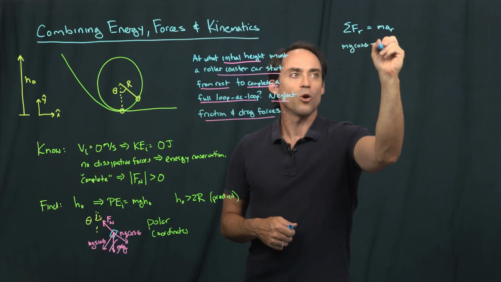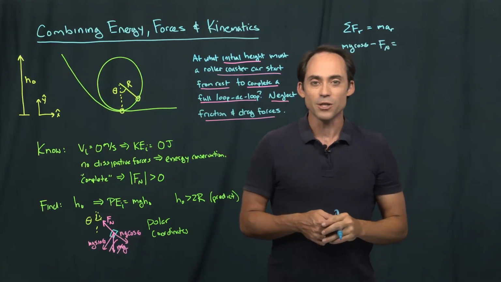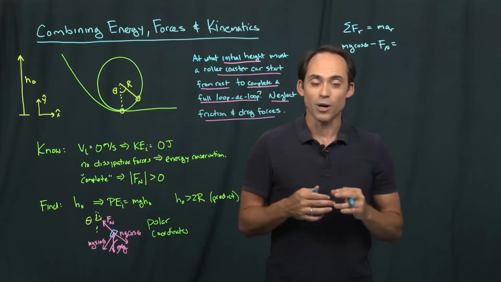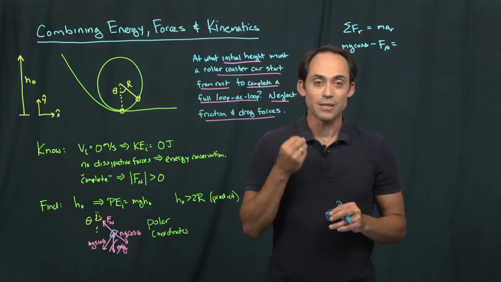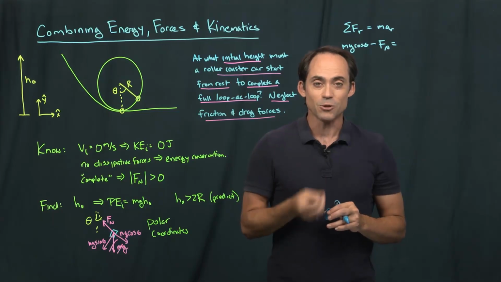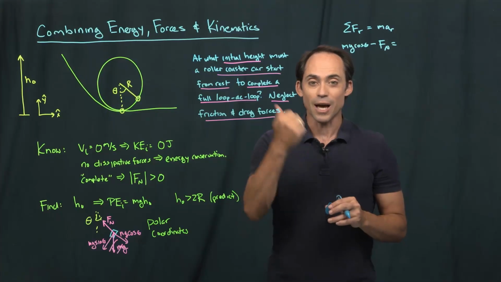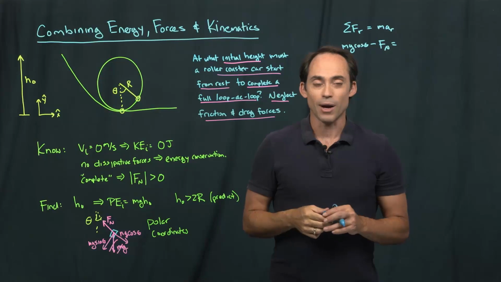We've got the normal force acting inwards. And this is equal to the radial acceleration. And remember, when we're talking about a circular motion problem, that radial acceleration is going to be equal to the centripetal acceleration. And that centripetal acceleration has to be pointed inward. It's pointing in the direction to keep the object going around the circle. It's accelerating, it's changing its velocity in a way to keep it around in its circle.